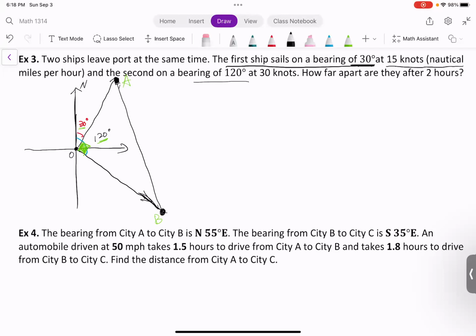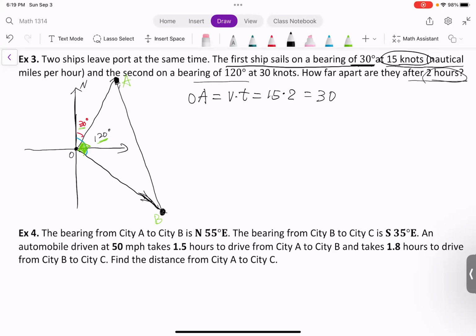Speed times time is distance. So from O to A, that's V times T. V is 15, T is 2. That's 30 miles.